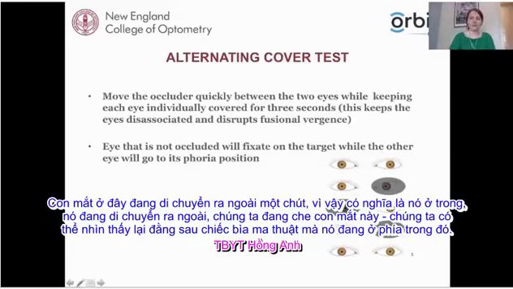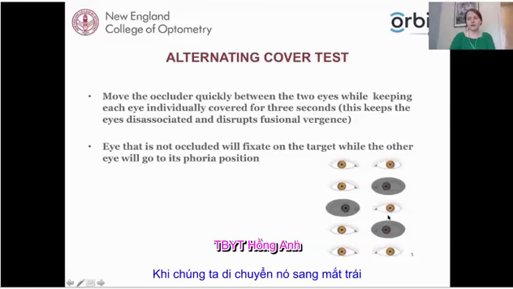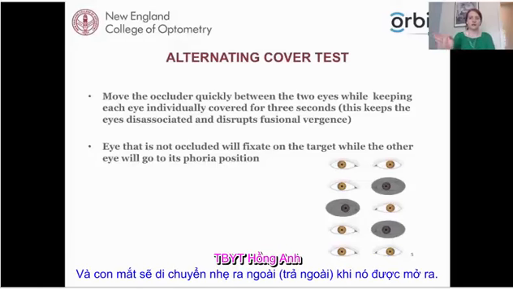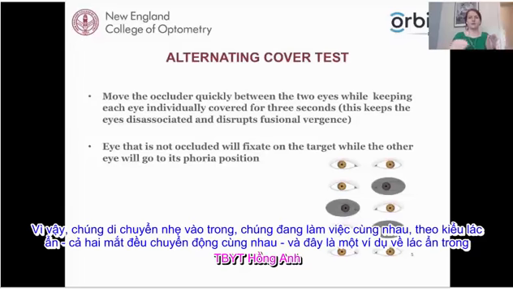We're covering this eye, we can see again behind my magic occluder that this is in. When we move it over to the left eye, that eye goes out again. This eye is in again. So essentially when we're covering it, the eye is in, that's its resting position because it's disassociated, and the eye flicks out when it's uncovered. So they're flicking in, they're working together in phorias. Both eyes are moving together, and this is an example of an esophoria.